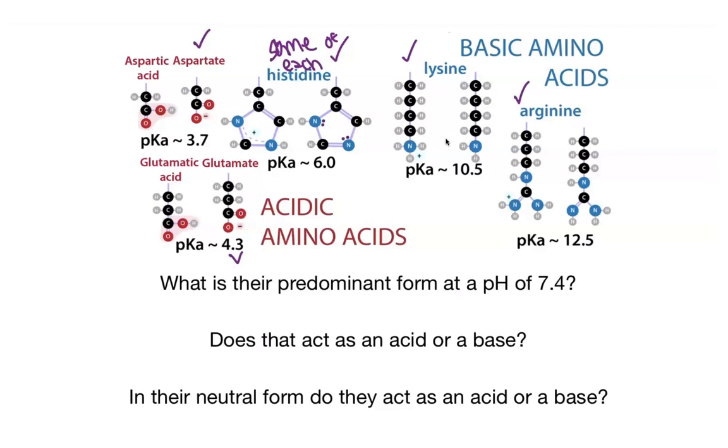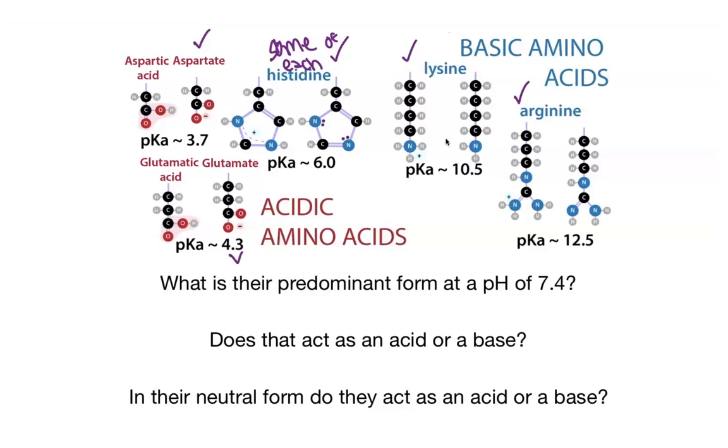And so then why do we call these basic, or why do we call them acidic? Well, that's because we need to think about their neutral form. The naming is based on whether their neutral form acted as an acid or as a base. So even in the case of histidine, even though unlike those other guys it actually has a pKa that's below the pH we're normally talking about, even then, in its neutral form, it's going to act as a base and pick up that proton.